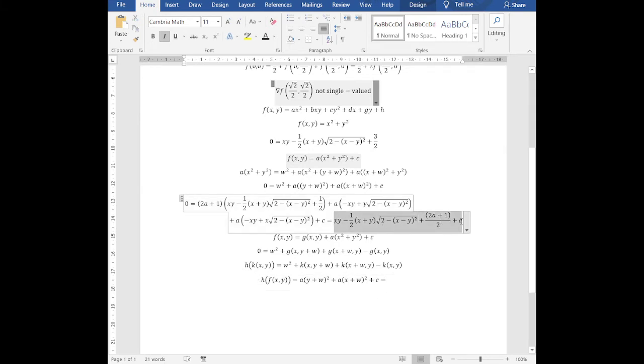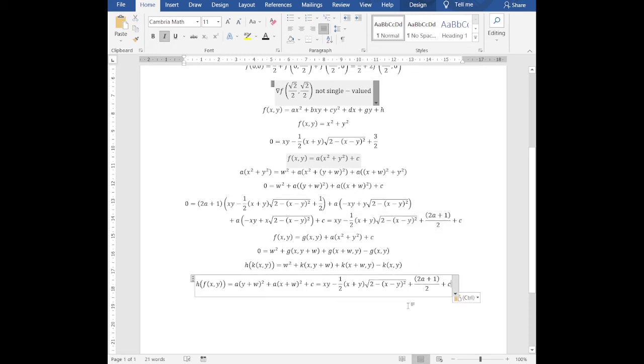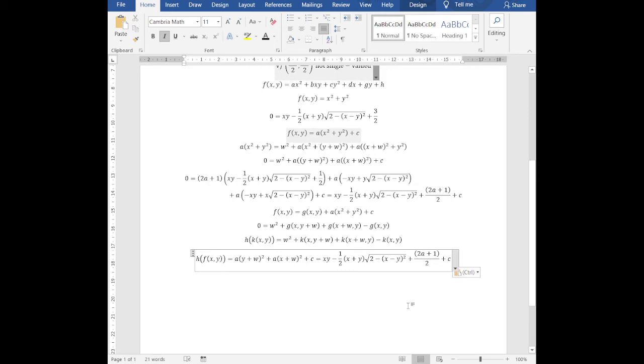It ended up being equal to this. But this is true for any value of a, including when a equals 0.